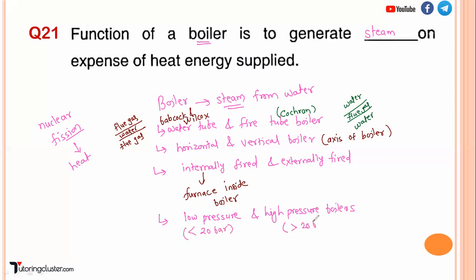If it is more than 20 bar, it is considered a high pressure boiler. So this is overall about a boiler. The function of a boiler is to produce steam from water. These are the various classifications and examples of the boiler. I hope you now have an overall idea about a boiler. Now let us discuss the next question.